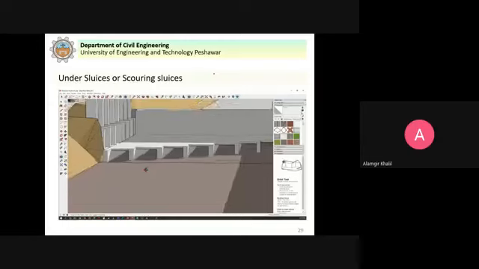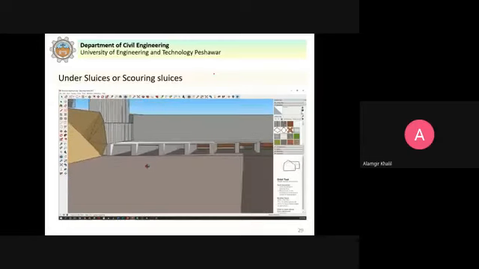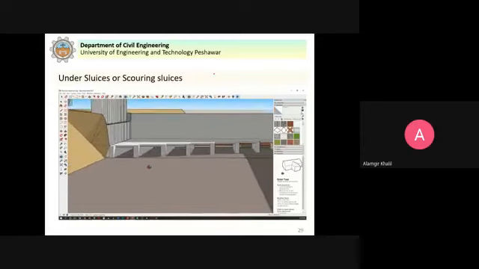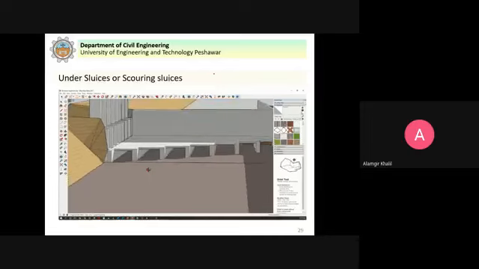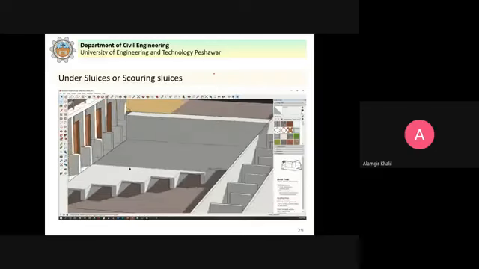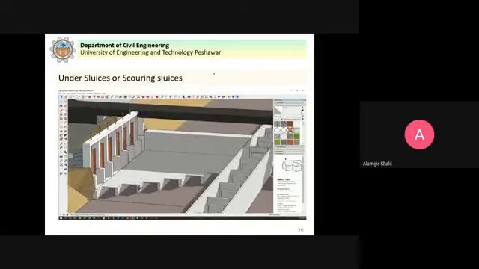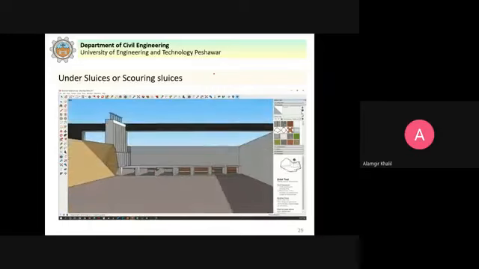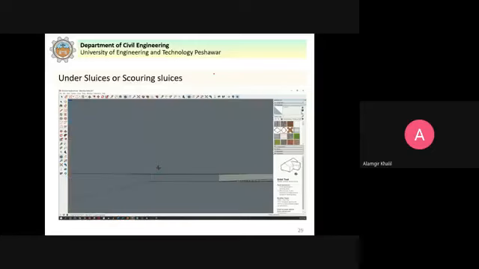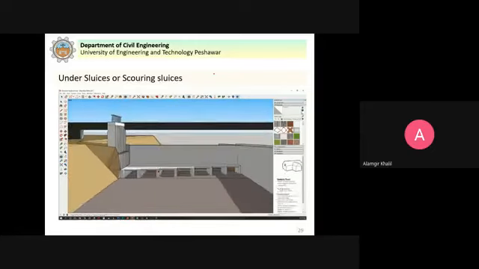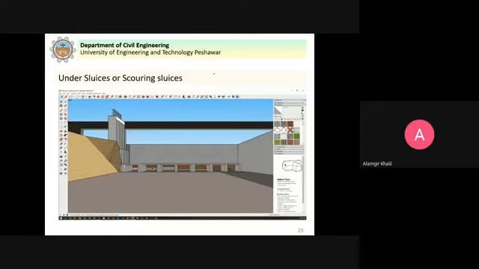This is the silt excluder. We will study this in detail. You see the silt will be carried by the lower layers of the water. That silted water will enter these tunnels, and the upper layers, having relatively less silt, will be allowed to flow to the canal. Through these tunnels you can see the gates.